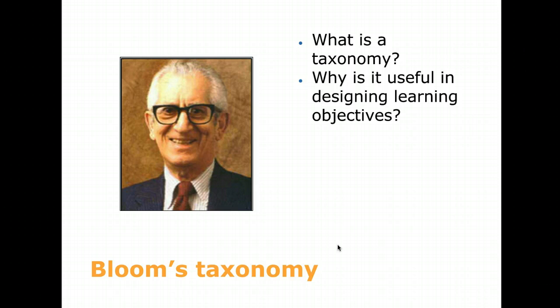Now, the other question is, why would we want to think about a taxonomy when we're designing learning objectives? So that's a little bit different kind of question that you want to consider. If you think about this, we have different purposes, different ways we want to do things, different things we want to achieve on maybe an introductory lesson.